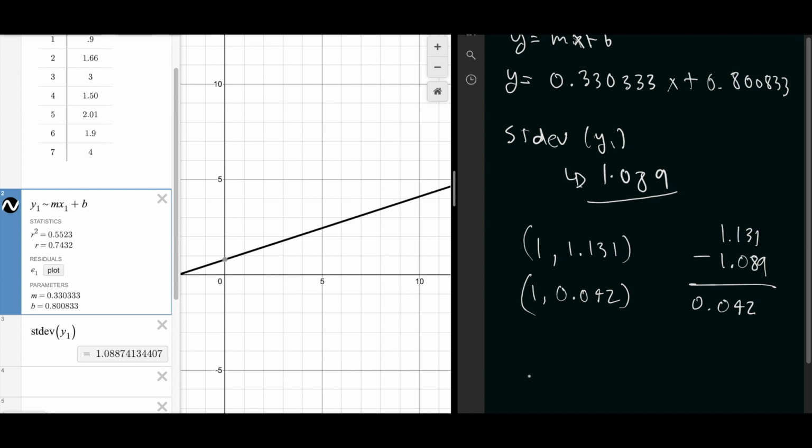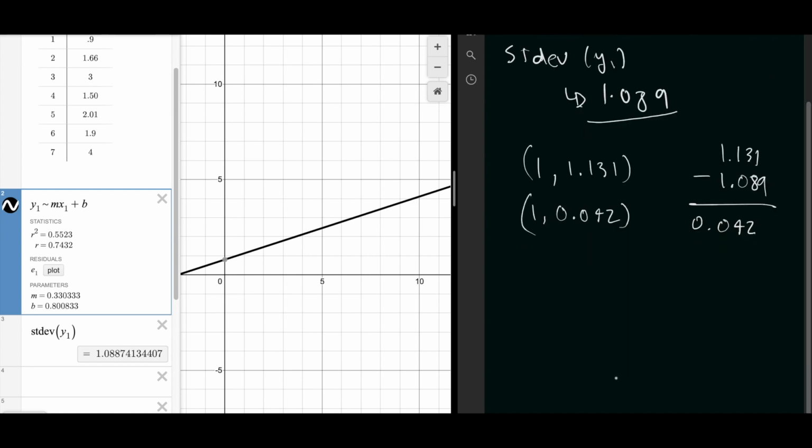Because it's the same slope as the line of best fit, we can write the slope: y sub low, for lower line, is equal to 0.330333x plus b.